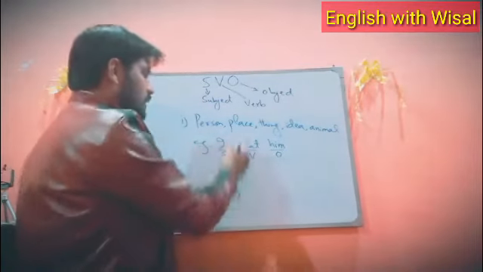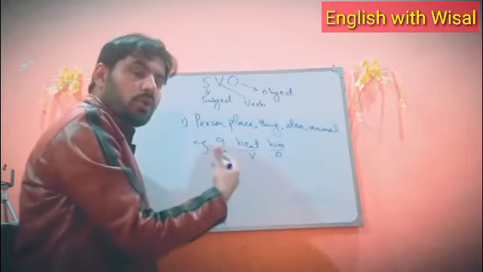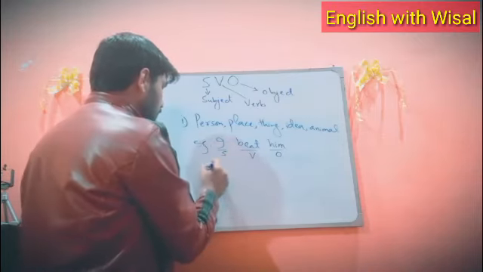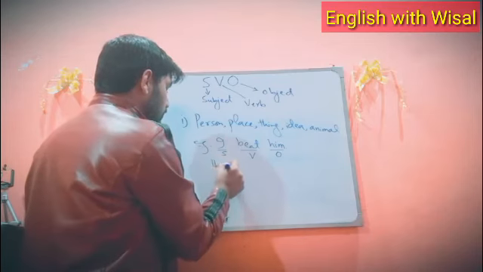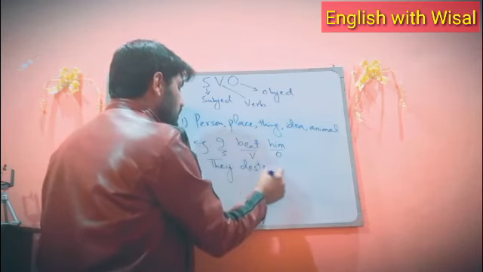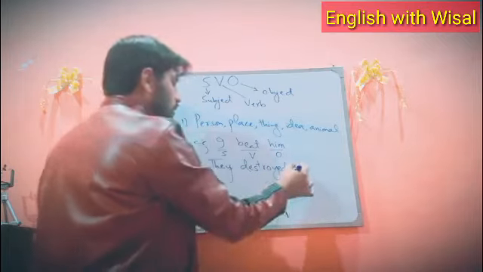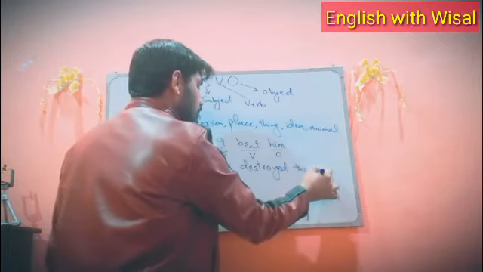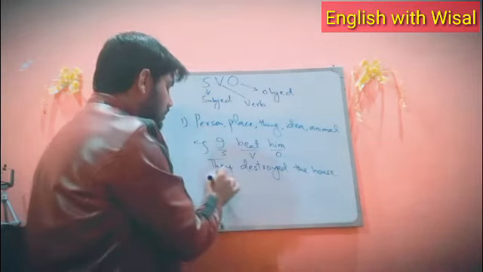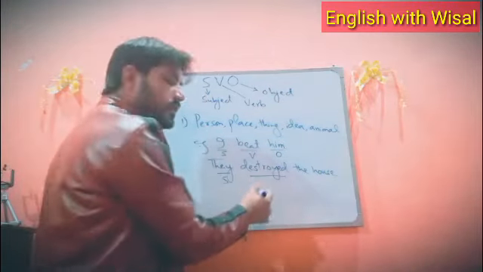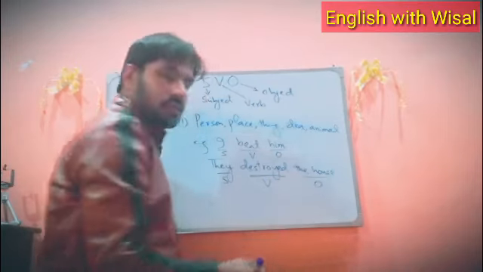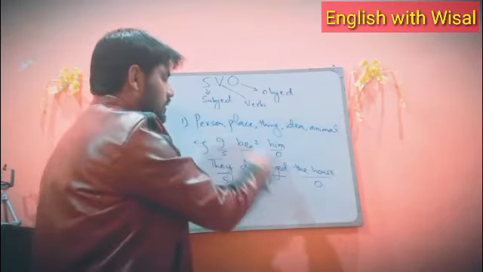The second one is place. How can an object be a place? For example, they destroyed the house. So they is the subject, destroyed is the verb, and the house is the object. And here the object is a place.